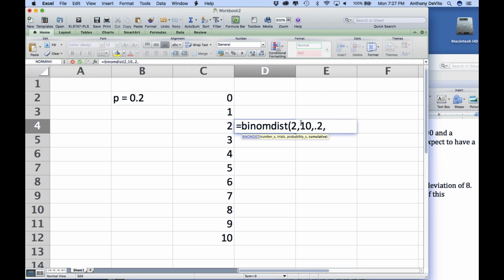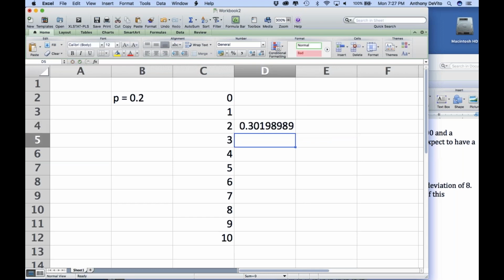What's the probability of getting exactly 2 out of 10 that are left-handed? Well, I don't want that to be cumulative. I just want that result. So for this function, I can use false. And when I use false, it tells me the probability that I sample 10 people and get exactly 2 of those 10 that are left-handed.